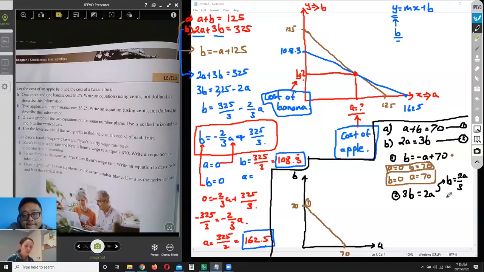Yep. So what's the gradient? Rise over run. What would be the value of the gradient? 2 over 3. Yeah. So your value of the gradient is 2 over 3.